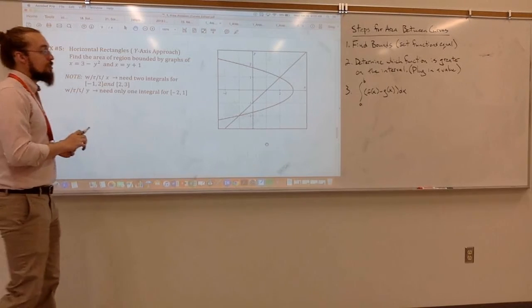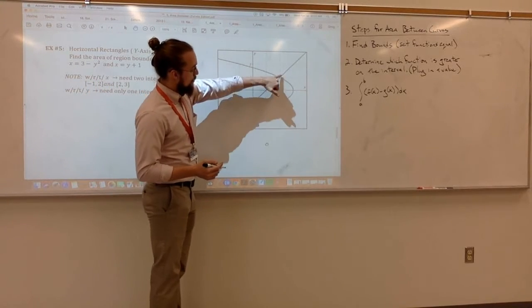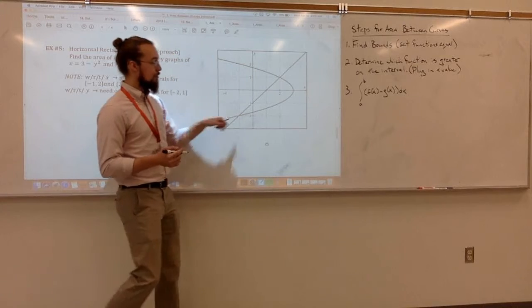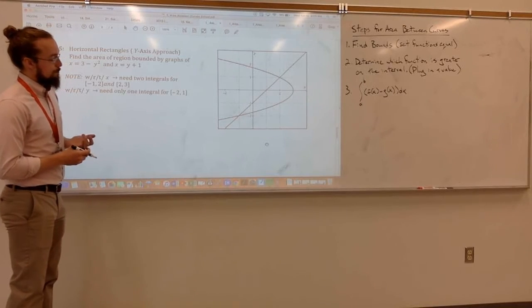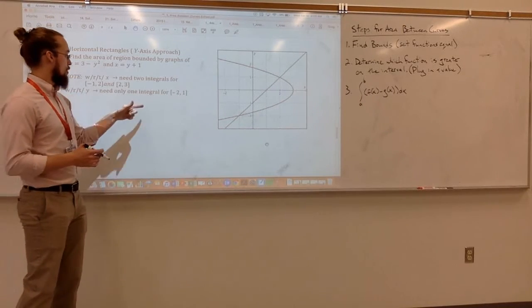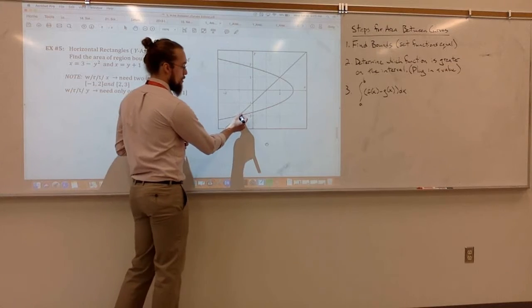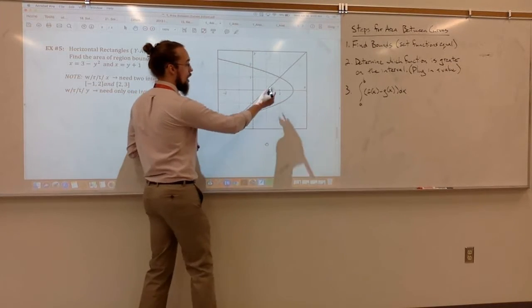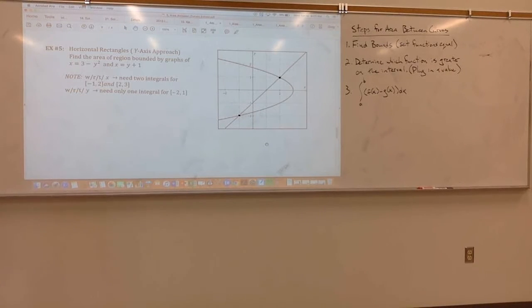So if I want to integrate with respect to y, what I'm going to do is find where these two curves intersect. They give us the bounds here. Now, notice, whenever I'm integrating with respect to y, I'm going to use the y values as my bounds. I'm not going to use the x values.